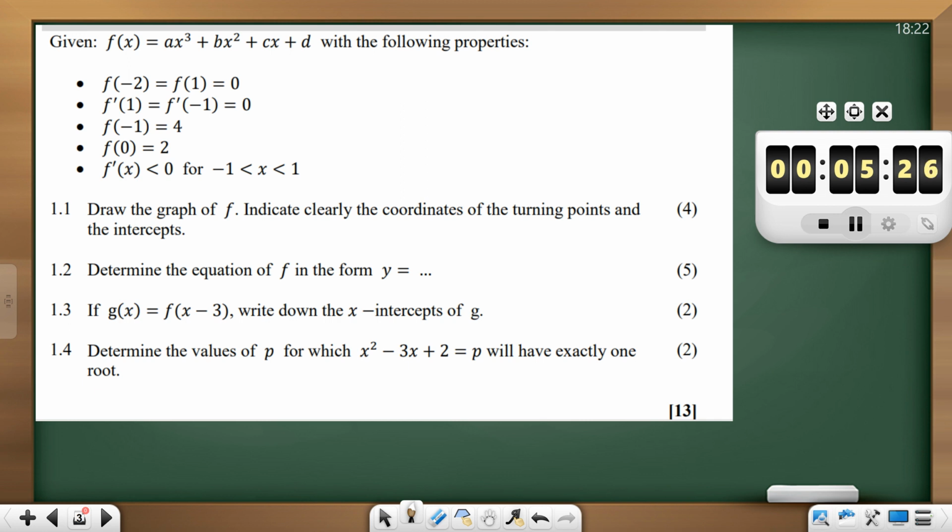We must just understand what those 5 bullets mean.